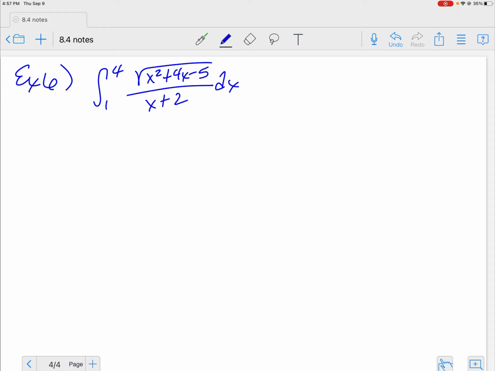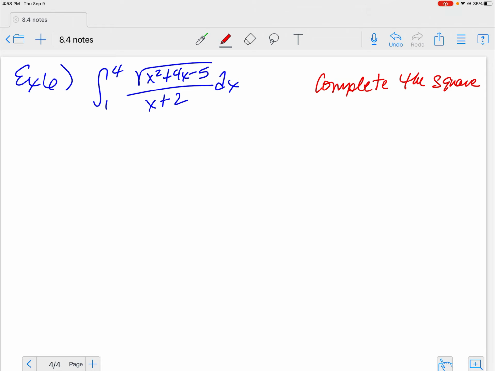But is this really a trig pattern? Oh, it is not straight up like this. Remember how I said a lot of the things in 8.1 are things that we are going to be working on? This is completing the square. So when you have that quadratic, you can go back through here and complete the square.